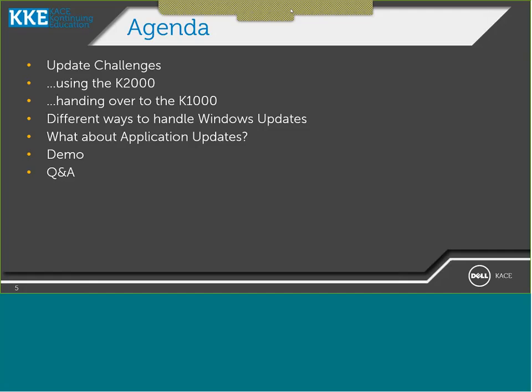We can probably hand over to the K1000. I will also show different ways to handle Windows updates and spend a few words on how to handle application updates. So it's more or less just some ideas that might help you depending on your situation. We will do a demo after the presentation, and we will also have time for questions.